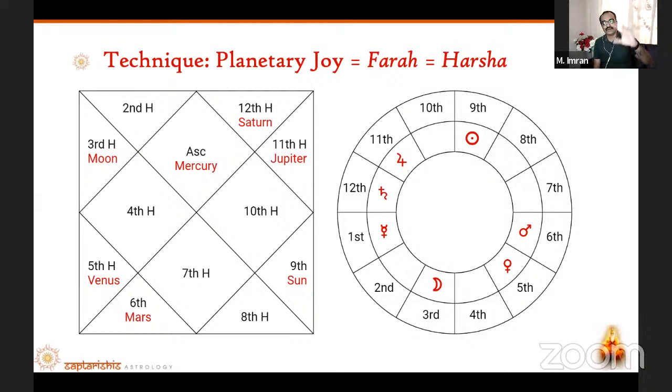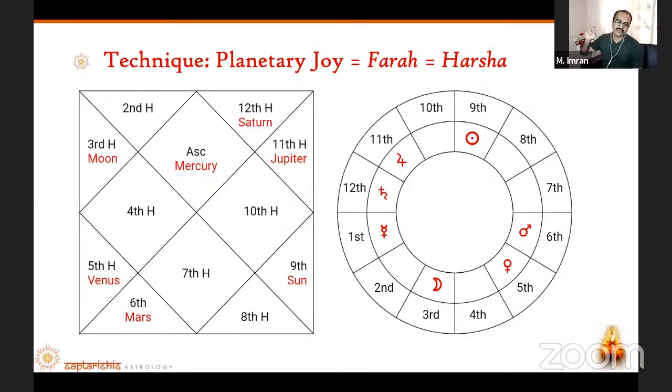There is less similarity between the natural signification of the third house and the Moon, but the third house is also the house of the wife of a god, the contemporary of a god or goddess or deity, or the priest, right? There is a synastry between it and the Sun. This is the reason the third house is assigned to the Moon and the ninth house to the Sun. These two are the houses of joy for the luminaries, Prakash Kira. The Sun is ninth.